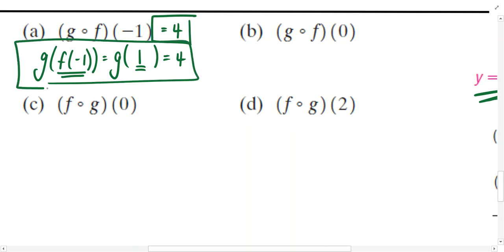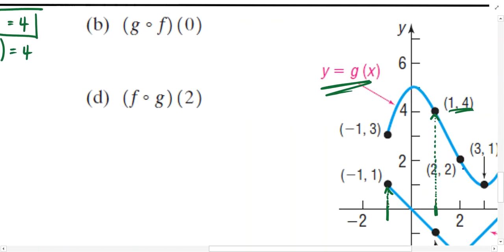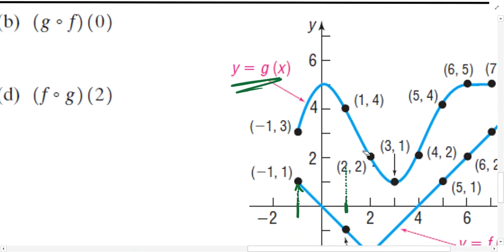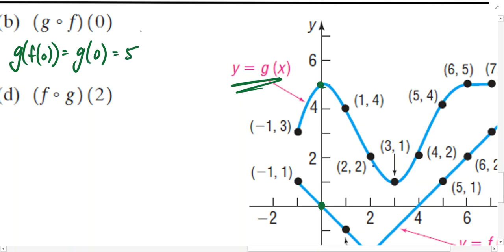And here's the evidence that we could leave that shows how we found our solution. For g composed with f at 0, we must evaluate g at the result of f of 0. Well, f of 0 is 0 itself, because the y result at this position is 0. Now, when I use the x value of 0 as the input, the y value result here ends up being 5.